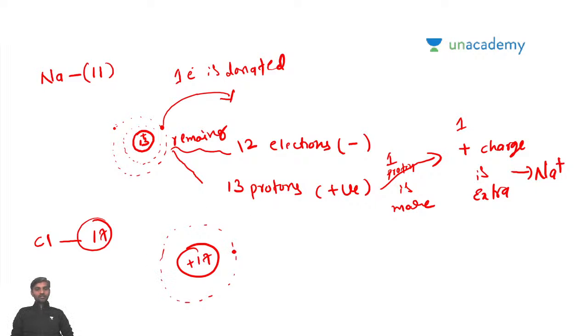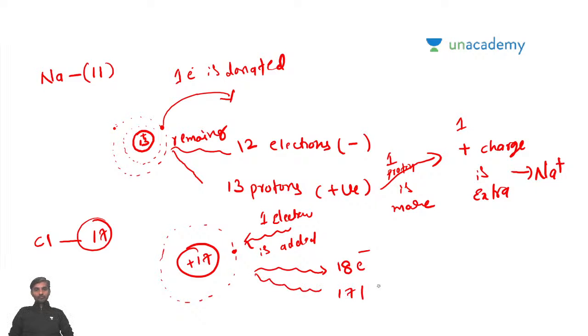One extra electron is added here. So now you will be having 18 electrons and 17 protons. That is negative, and this is positive.